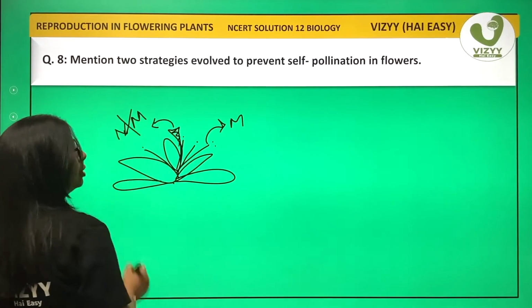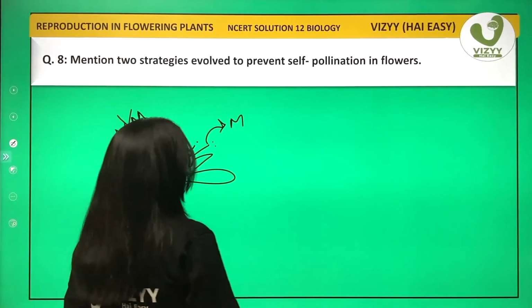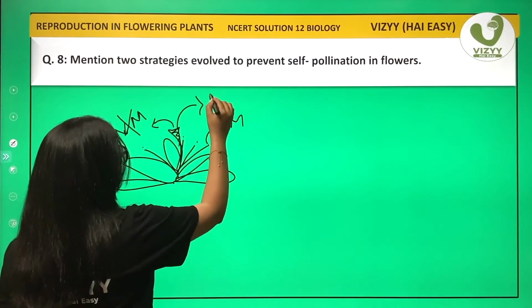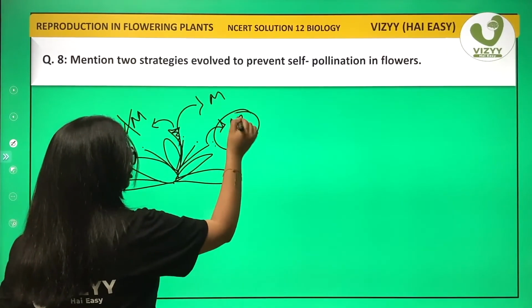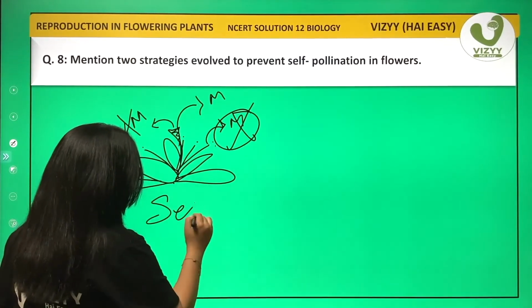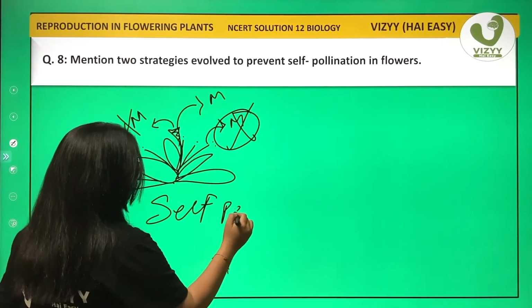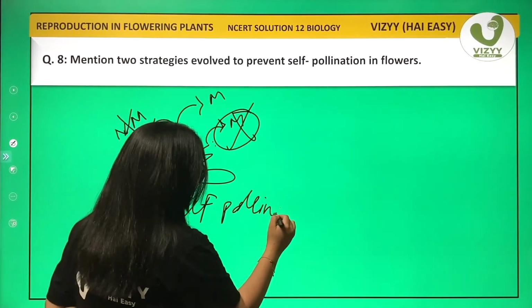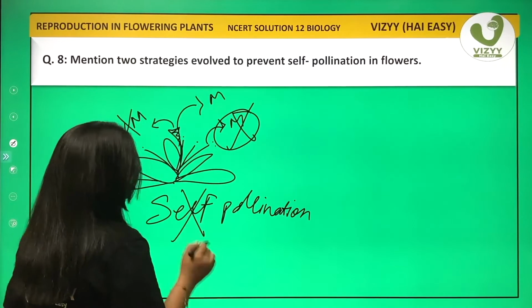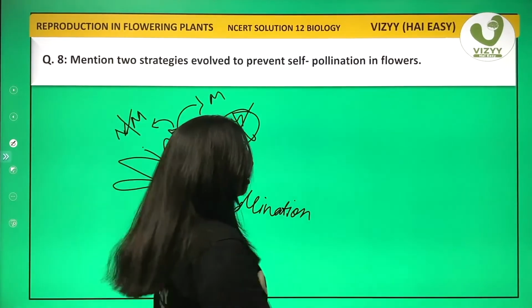So the self-pollination will not occur, and vice versa. When this is mature, this is not mature anymore. So self-pollination will not occur.